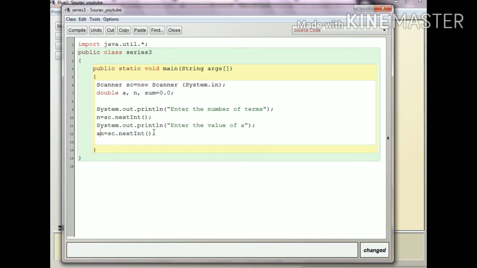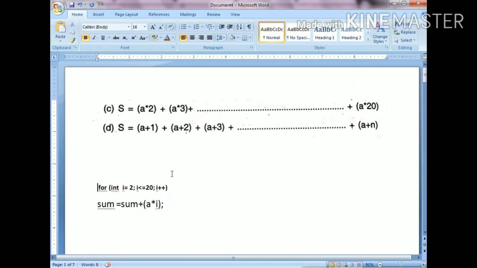Now within a for loop, double I equals, okay, now I have to see the program. It starts with a1 and ends at n.